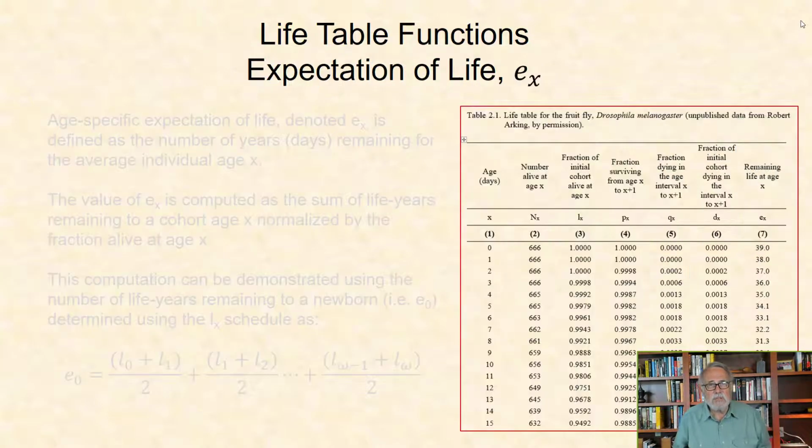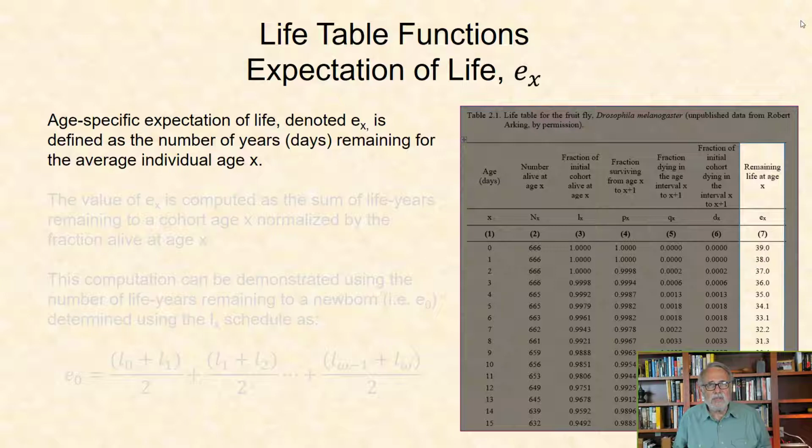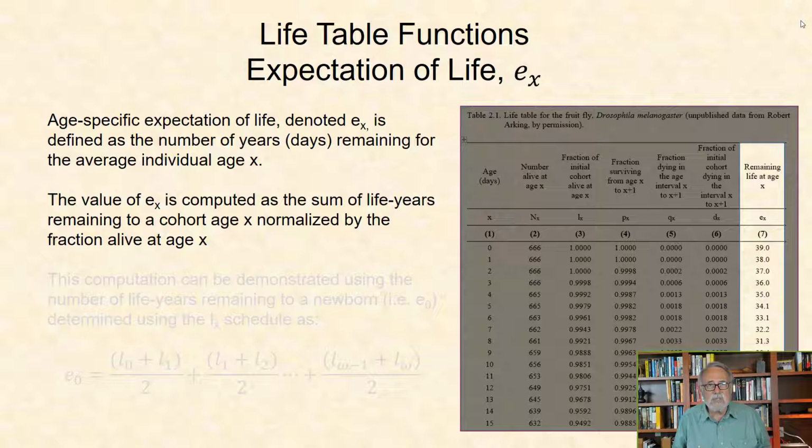The last parameter is age-specific expectation of life, denoted ex. It's defined as the number of years or days remaining for the average individual age x. The value of ex is computed as the sum of life years, or life days, remaining to a cohort age x, normalized by the fraction alive at age x.